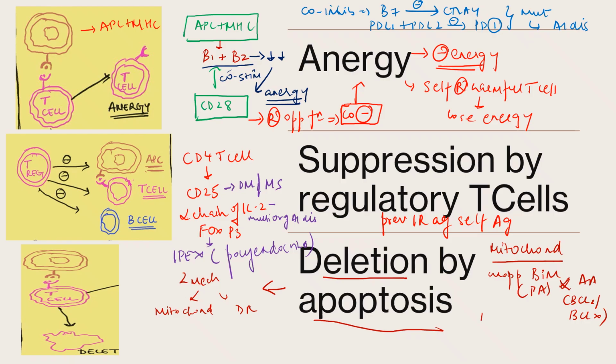In the death receptor pathway, what gets involved? The FAS and FAS ligand system. So what happens in this FAS ligand system? They will tend to trigger the CD95. Further details as to how apoptosis occurs can be seen in my video which I have discussed prior.